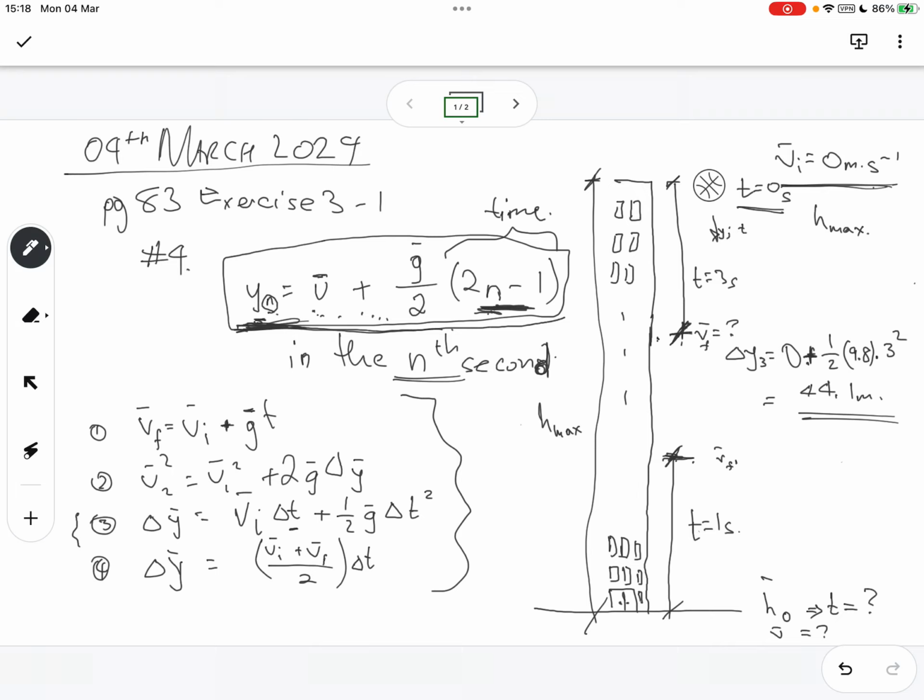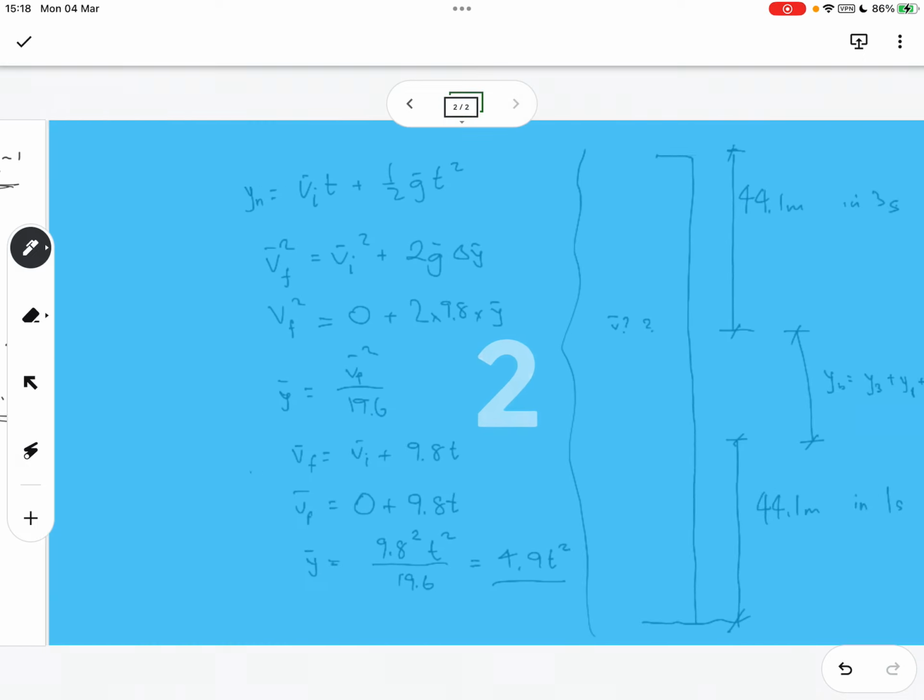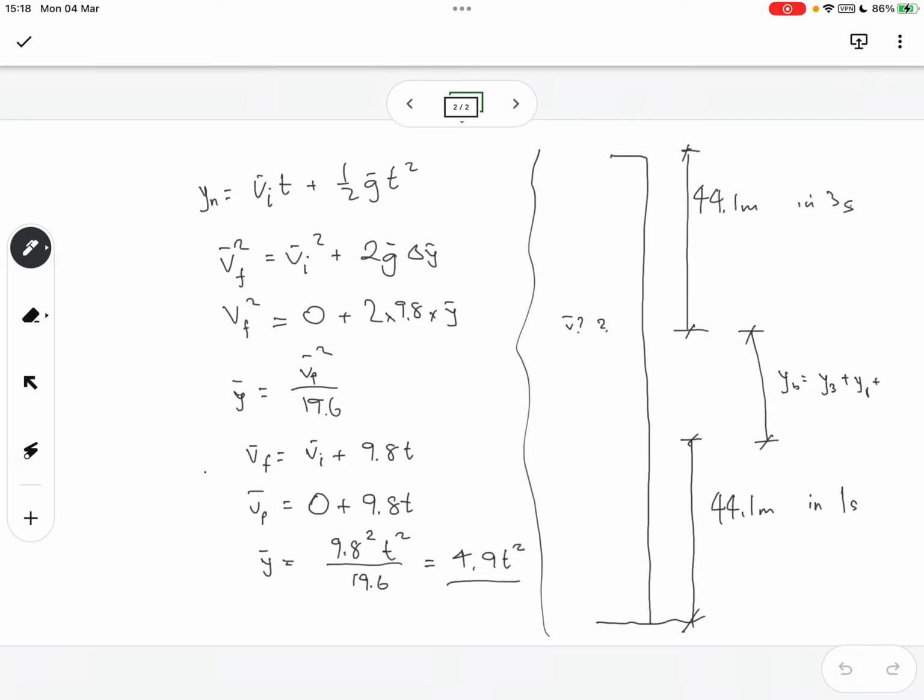Which equation? We can use this one where vi is 0. So it's just going to be 3 times acceleration due to gravity, which is... 9.8 times 3 is 29.4.